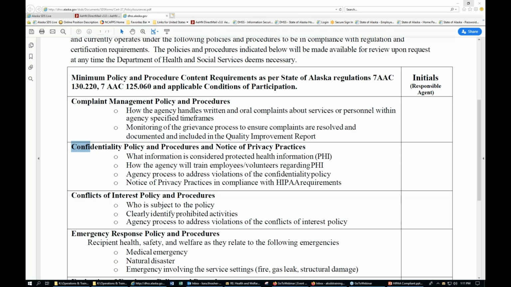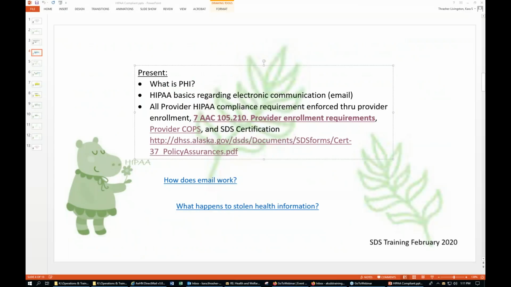So before I talk about PHI, I do have a document to show you what is PHI, and it's in your download too. I would like to ask you, what do you think about this question here? When you send an email, we're talking about electronic PHI here. Protected health information can happen anywhere.